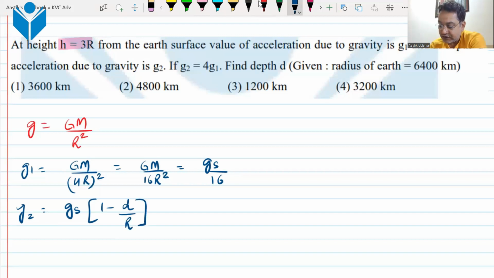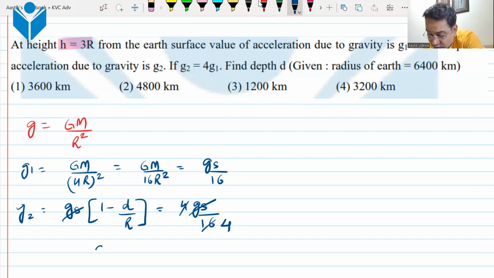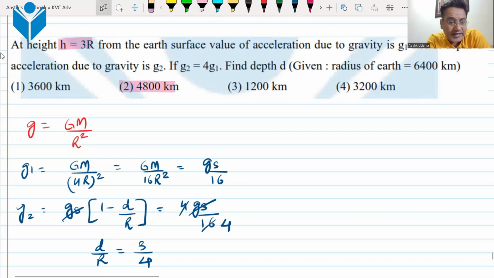This is g2, and this is nothing but 4 times of g1, so this is 4 gs by 16. 4 gs by 16 becomes gs by 4. gs and gs get cancelled. 1 minus d by R is 1 by 4, so your d by R becomes 3 by 4. If your d by R becomes 3 by 4 and R is 6400, your depth will become 4800 kilometers. I hope everyone understands this.